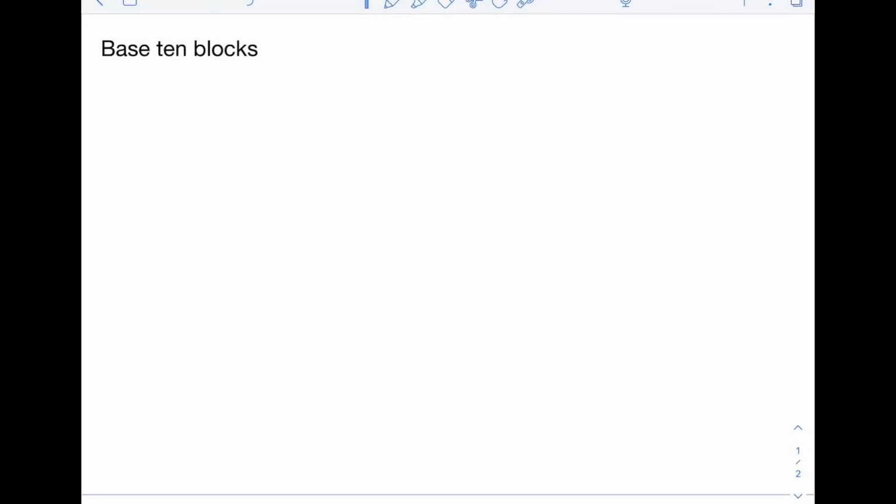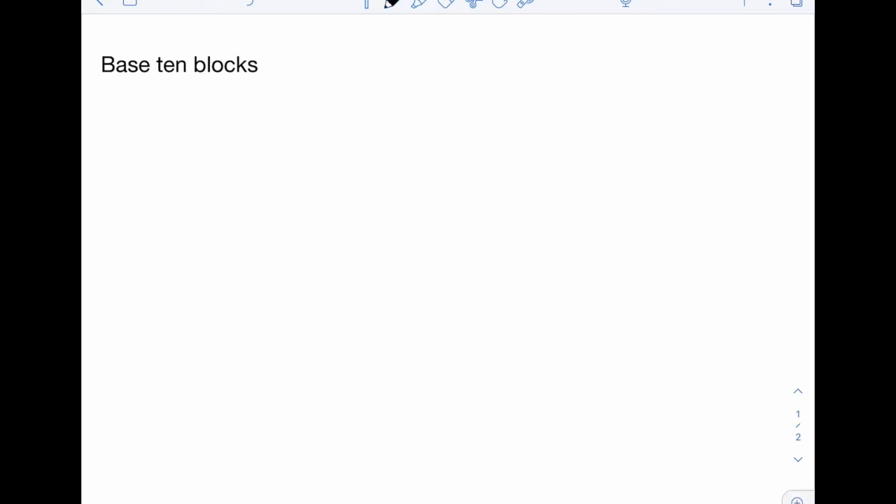It's wonderful to work with the physical manipulatives. When we want to, however, represent the base 10 blocks on paper, rather than trying to draw those out, it would be really inefficient to try to draw, for example, a flat with 100 different little parts of the grid.